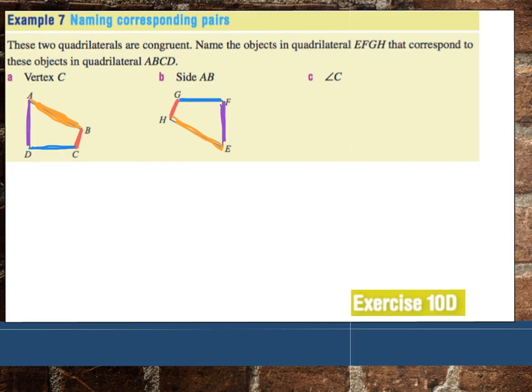So if they ask you in A, what corresponds to vertex C? The vertex C will be between the red and the blue.